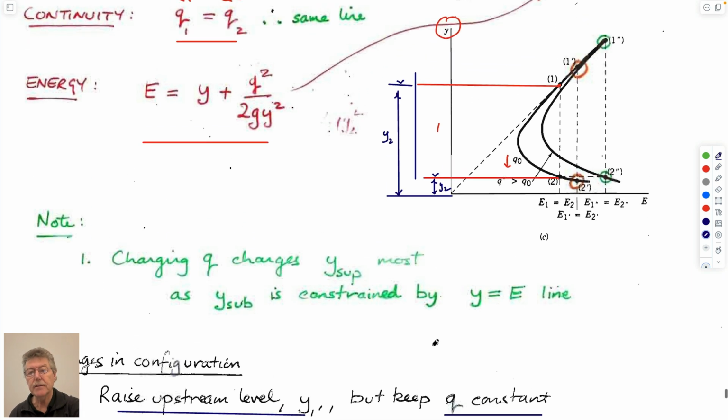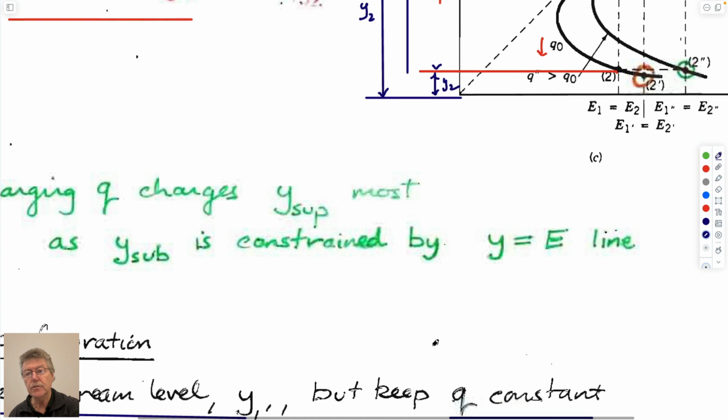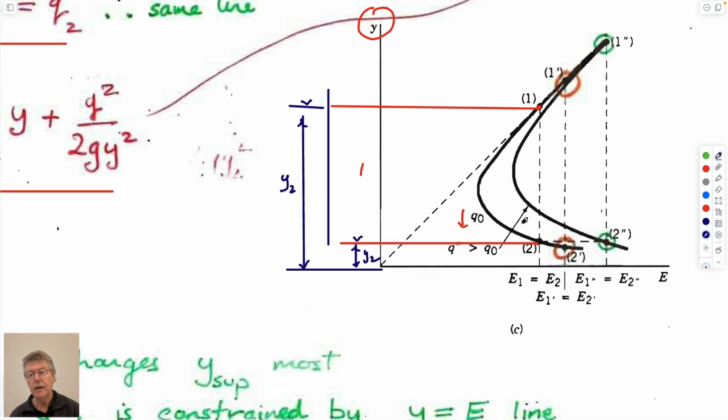And so if you did that, you'd still be on the same curve, this is Q0, this curve here. But you're raising the upstream level by raising the gate. And since you then have the energy defined by this vertical line here, to keep the flow rate the same, you'd actually have to lower the gate by this small amount that you can barely see perhaps. It's the width of a pen.